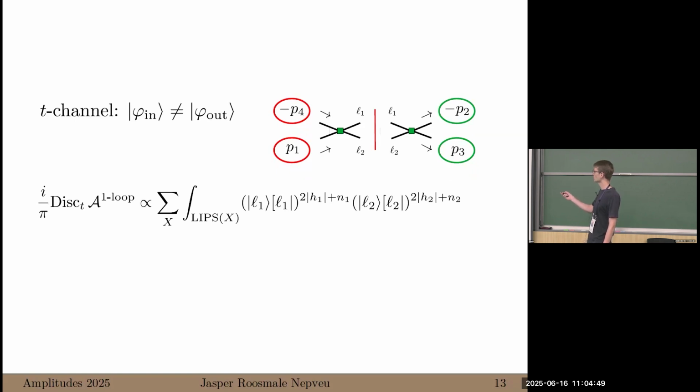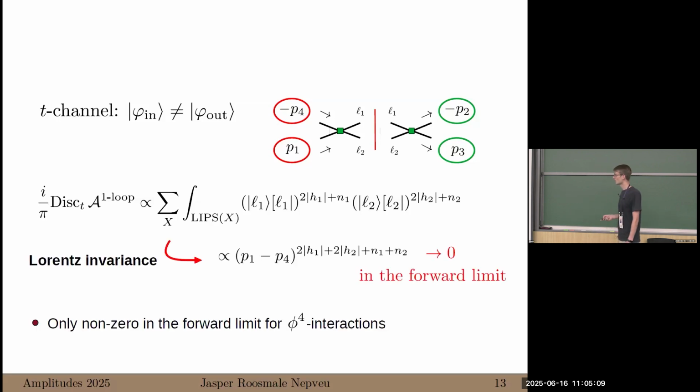So L1 and L2 are the loop momenta, and H1 and H2 are the helicities of the internal particles, and N1 and N2 are the derivatives acting on the internal lines. By Lorentz invariance, since we only have a single scale flowing through this loop, it follows that the result of this phase space integral will be proportional to P1 minus P4 to some power, the power given by this exponent.